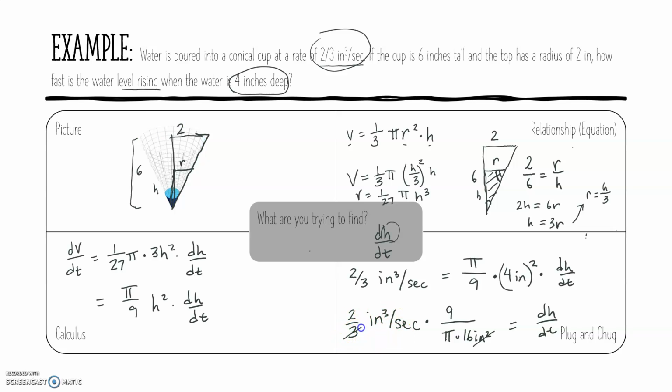And then this 3 can cancel with this 9, and this 2 can cancel with the 16. So we have 3 over 8 pi inches per second is going to be our rate of change on the height. So cone problems tend to be a little bit more involved because you have two relationships that you're looking at.